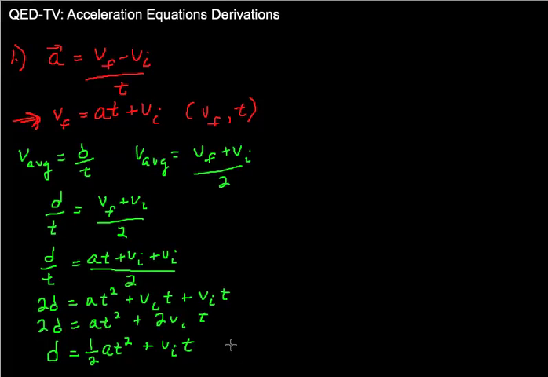And so this right here is our second uniform acceleration equation, and you'll notice that this one is in terms of d and t. It does not have a final velocity in it. It still has an acceleration and it still has an initial velocity in it, but it's in terms of displacement and time. So if I was given a problem that did not have any final velocities in it, then maybe this is the equation that I'm probably going to use.